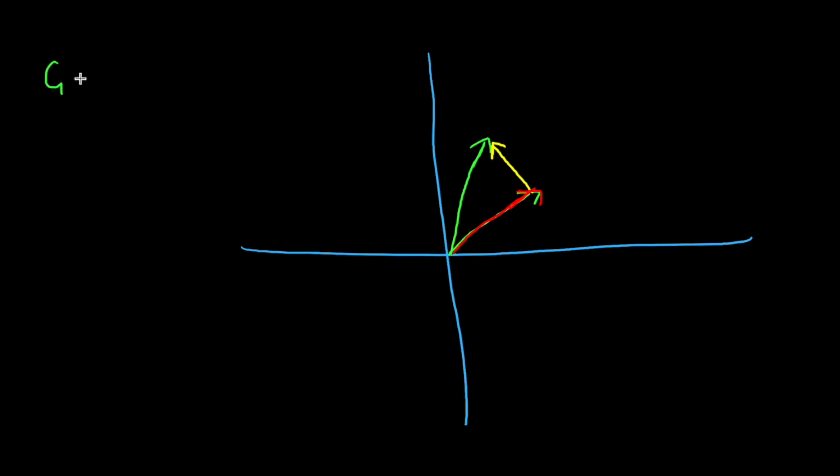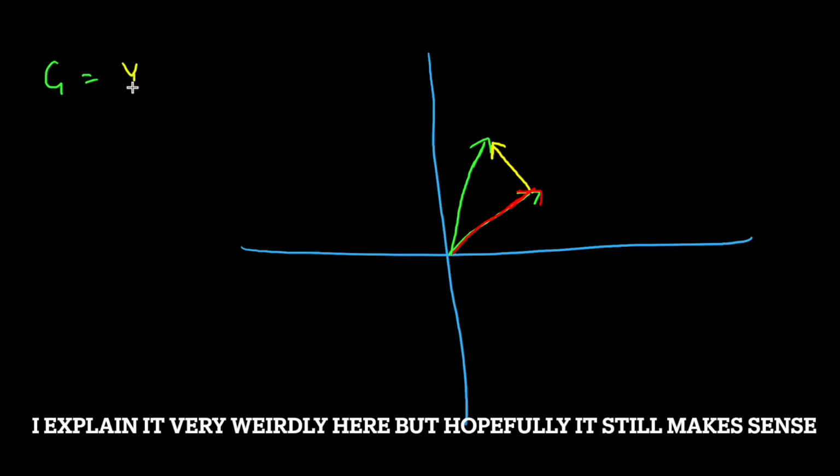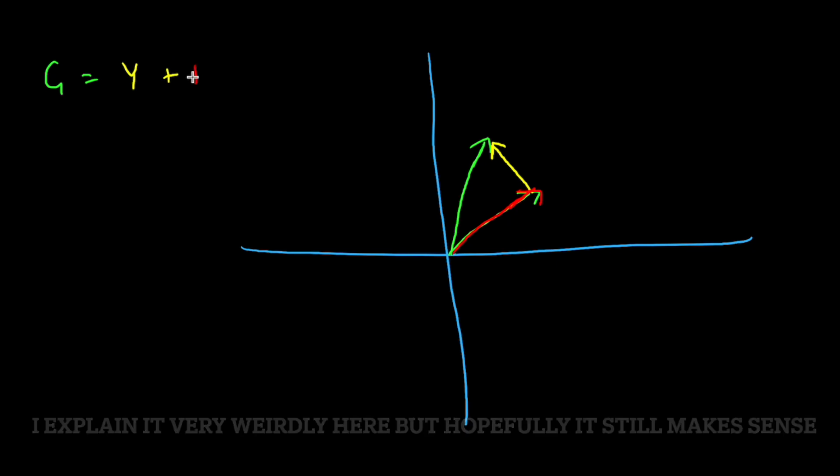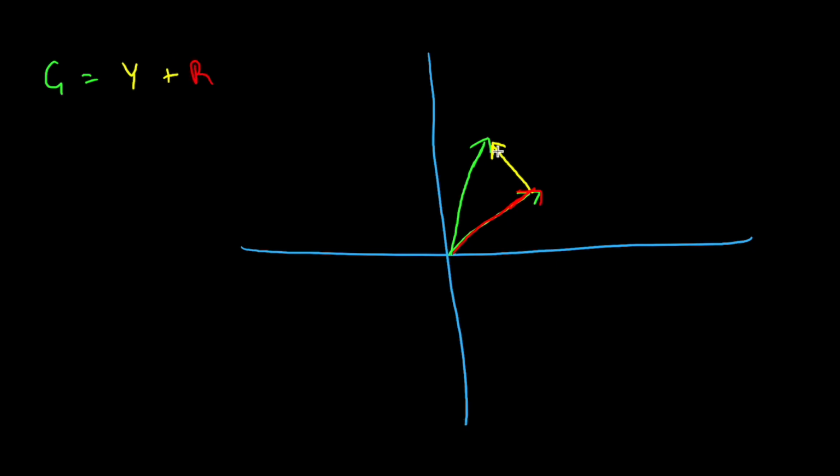So green is equal to yellow plus red. Now we want to solve for whatever yellow is. So that's how we subtract vectors. Green minus red is equal to yellow. And this is what subtracting the vectors green and red means: just finding this yellow vector right here.